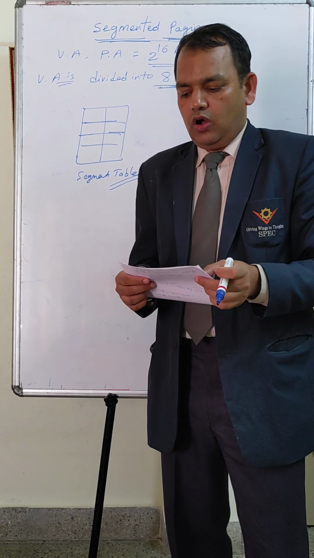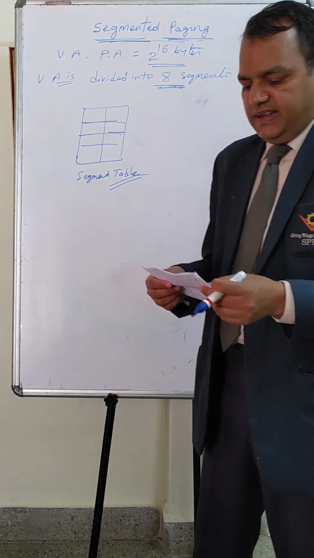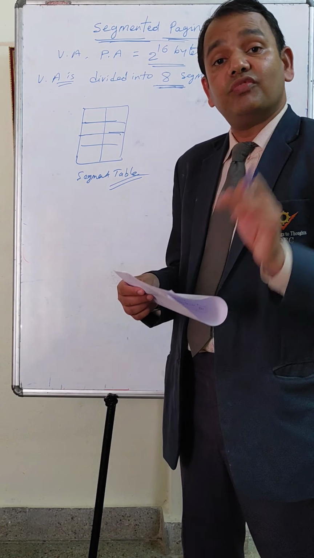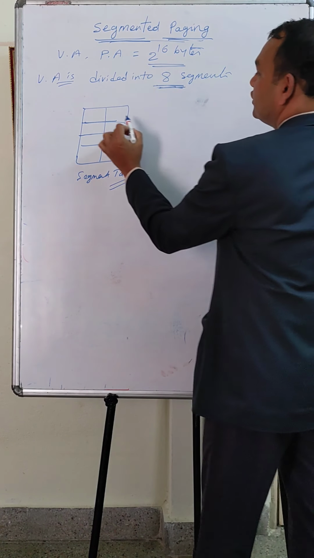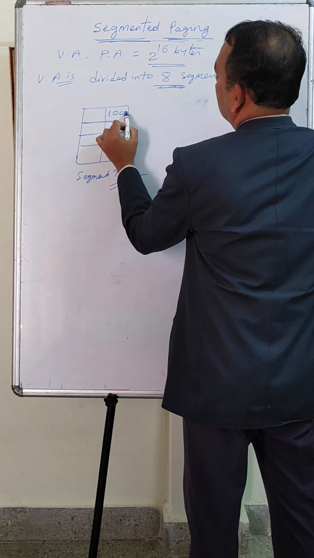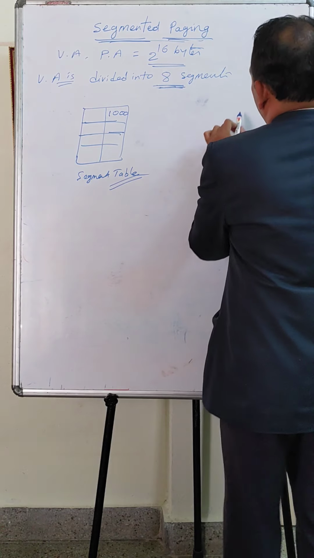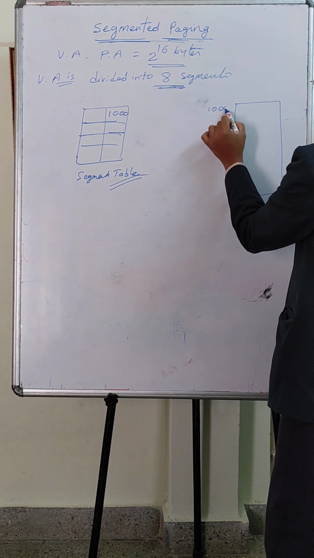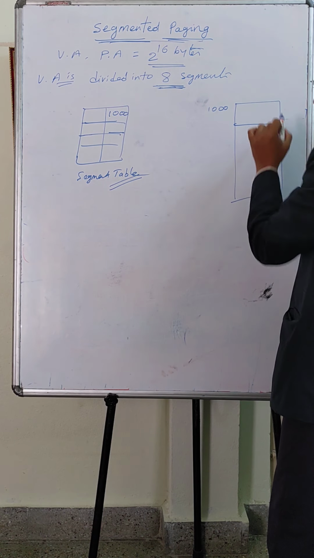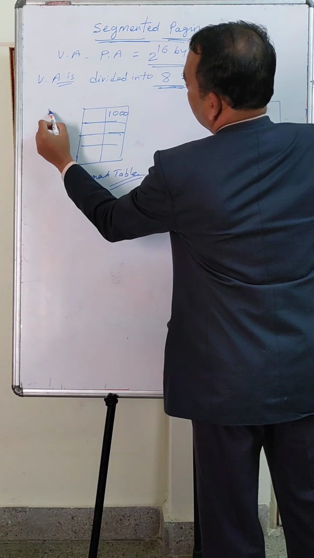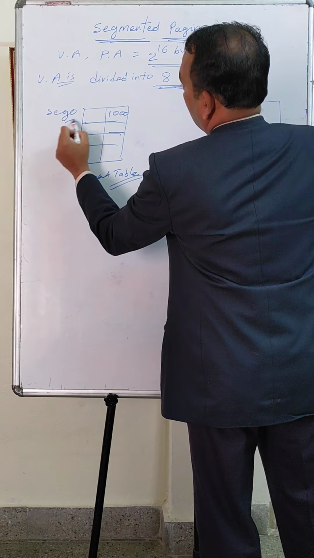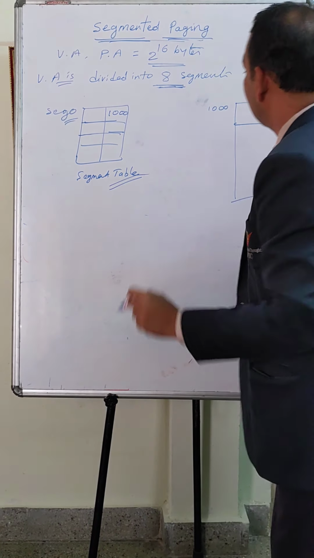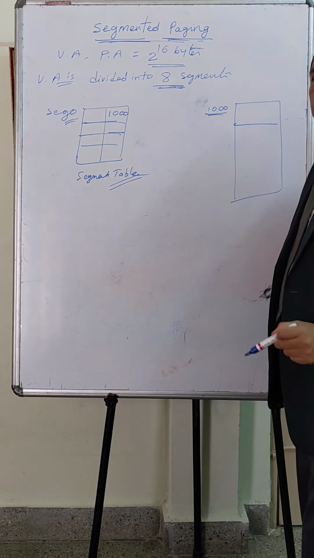Each entry contains the physical address of the page table for the segment. Suppose this is 1000. In the main memory, at location 1000, what is stored? This is segment 0. Segment 0's page table is stored at location 1000.